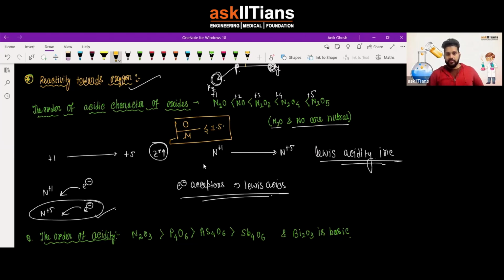Less than or equal to 1, then in that case we found them neutral, right? As a result, we can see that N2O and NO are actually neutral in nature. Generally, from N2O3 onwards, the acidity starts going up.